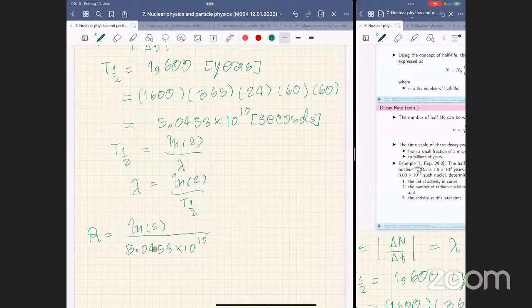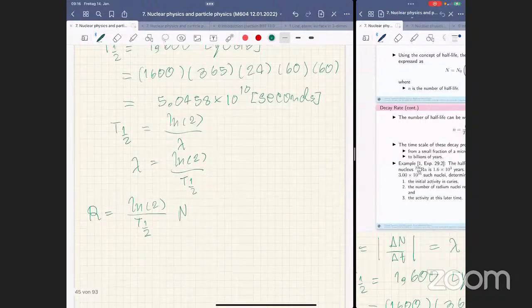Let me write the expression first. This is T half and times N, right? Once you substitute, it's ln 2 divided by that number, 0.458 times 10 to the 10, and times N, which is the initial amount, 3 times 10 to the 16. Now you could leave it to the calculator.